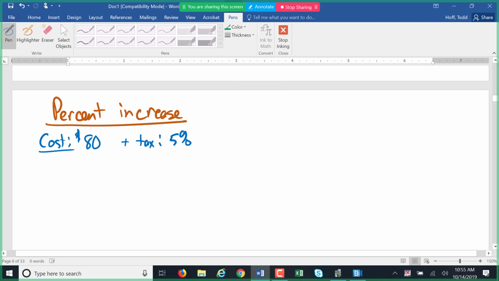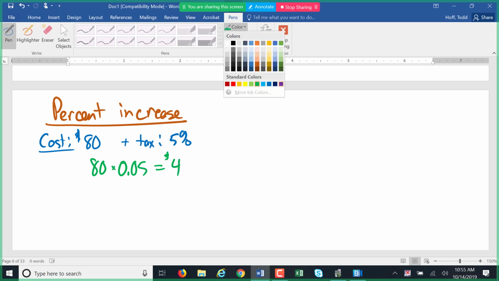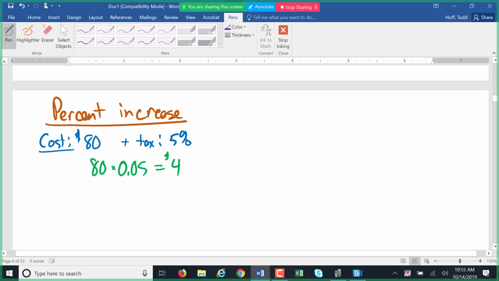We could find that 5% tax, 80 times 0.05, which is going to give us $4. And to get the total, we could add them together. 80 plus 4 gives us $84 total.